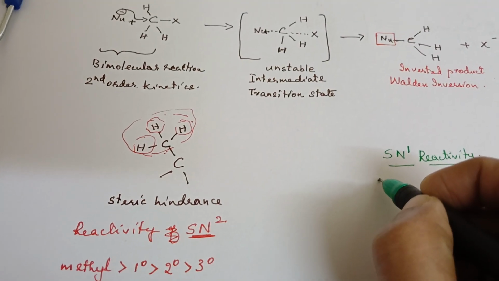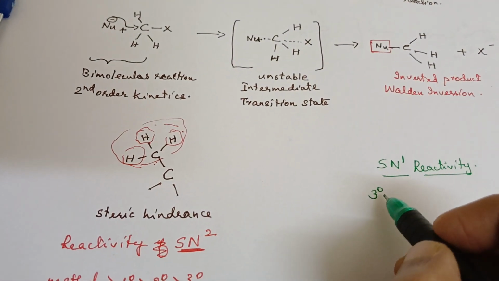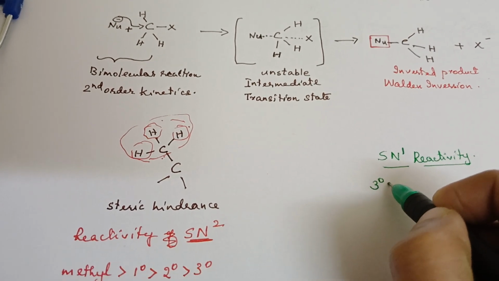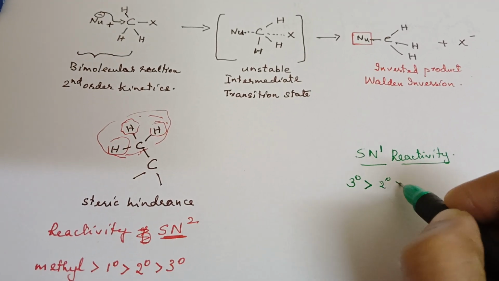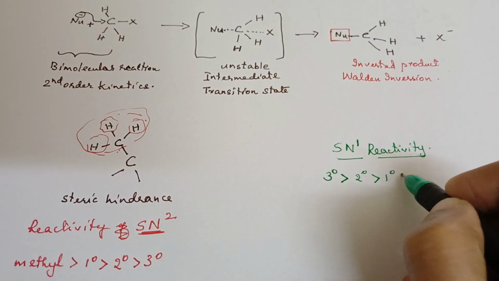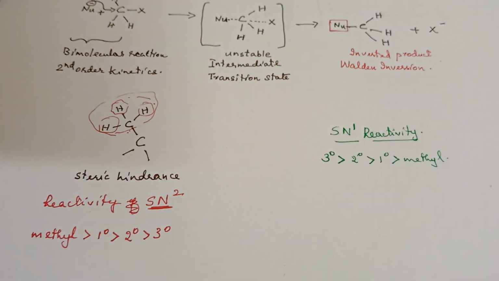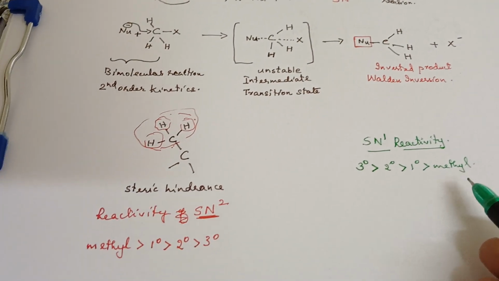If it is a tertiary carbocation, it will be very stable. So reactivity in SN1 reactions for alkyl halides will be: tertiary greater than secondary, greater than primary, greater than methyl. That will be the order of SN1 reactivity in alkyl halides.